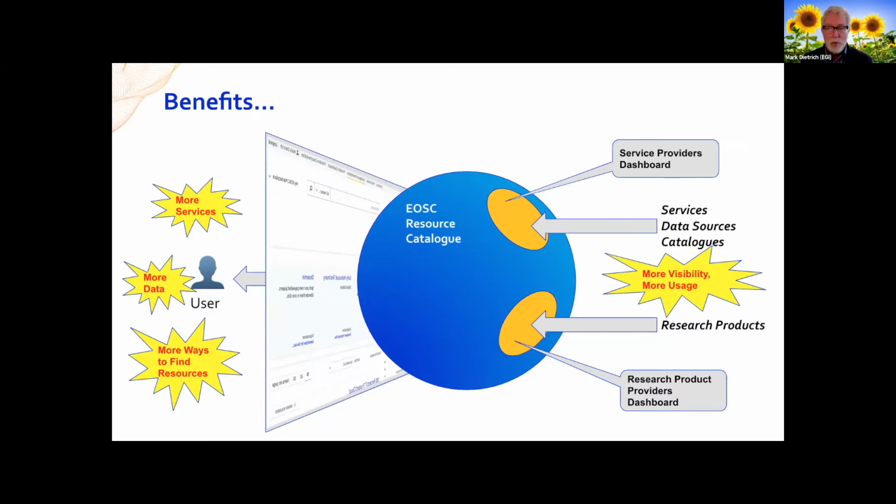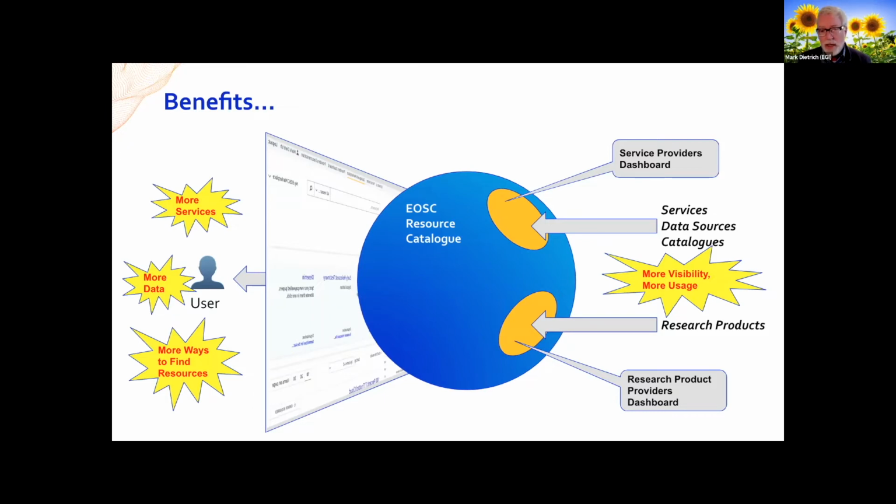It gives you more direct access to data electronically, online. It also will eventually, as we work on interoperability, make it easier to find things that work together, services that consume the right kind of data, that generate data of a certain kind that you're looking for in your research world. And then finally, more ways to find resources.